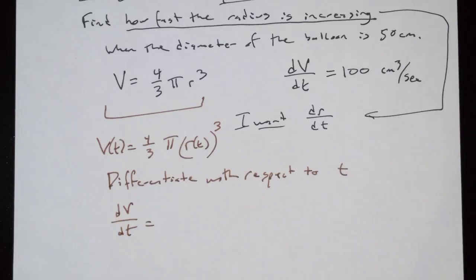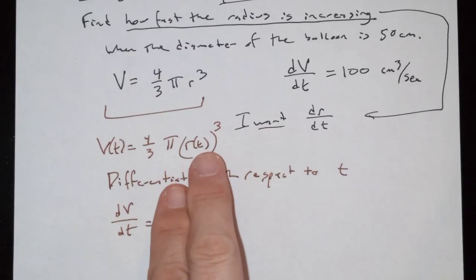What do I get on the right? What happens with this?